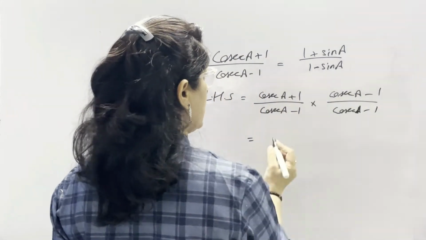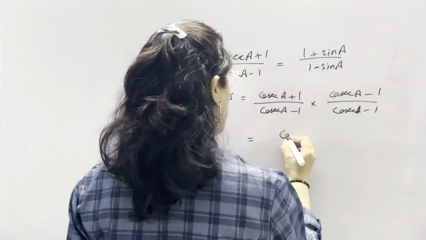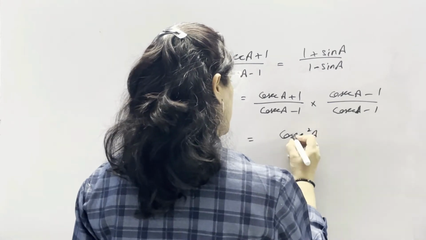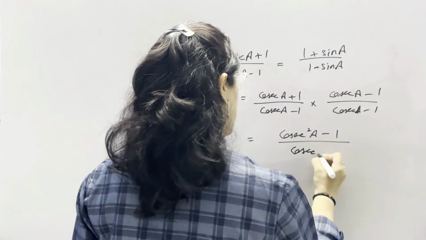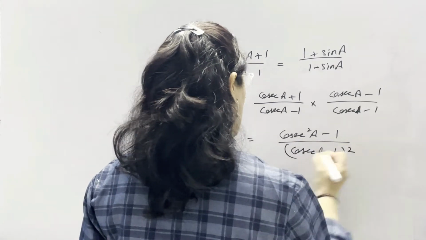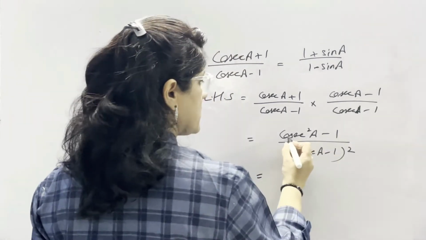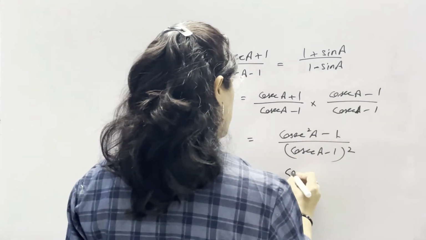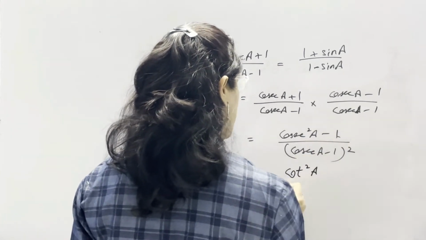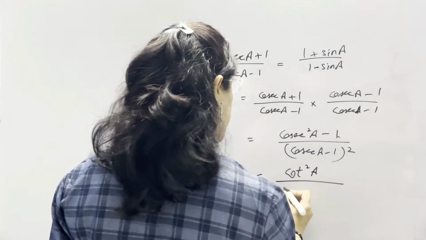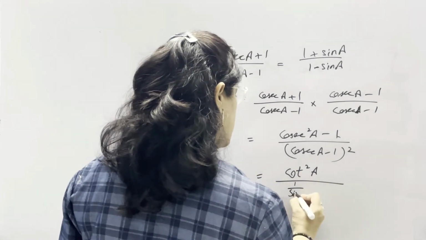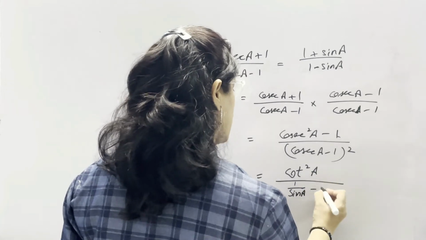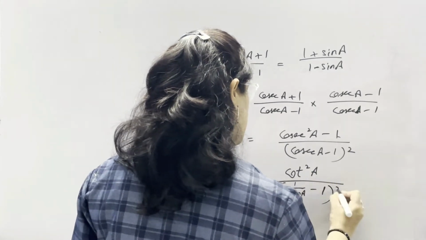So, in the numerator A plus B, A minus B, it means A square minus B square. In the denominator, this is cosec A minus 1 whole square. Numerator cosec square A minus 1 is equal to cot square A. This is the third identity. Denominator, we can open it or we can again put 1 upon sin A instead of cosec A minus 1 square.